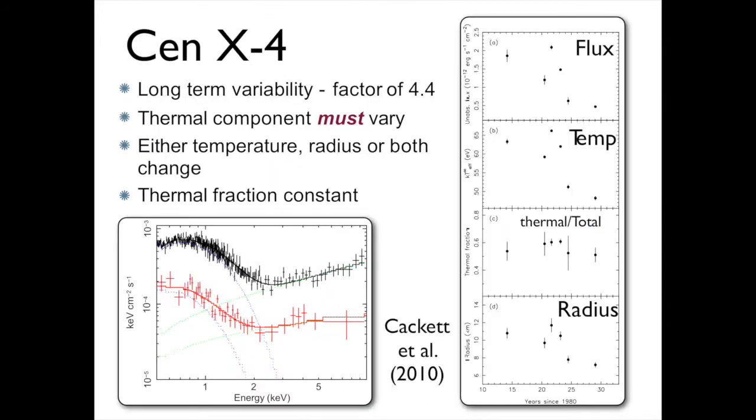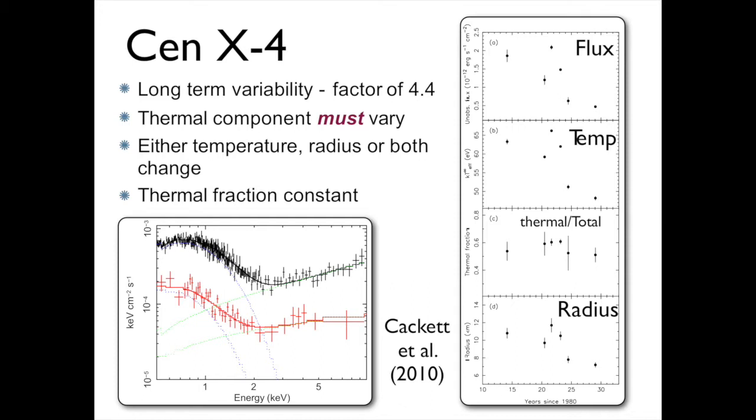So we went and studied this on a much longer time. We got all the archival data and some more. This is now a 20-year period shown on the baseline here, and you can see the flux is changing all the time. If we plotted the spectrum of the brightest state and the faintest state, right, you can see the spectra themselves look very similar, right?